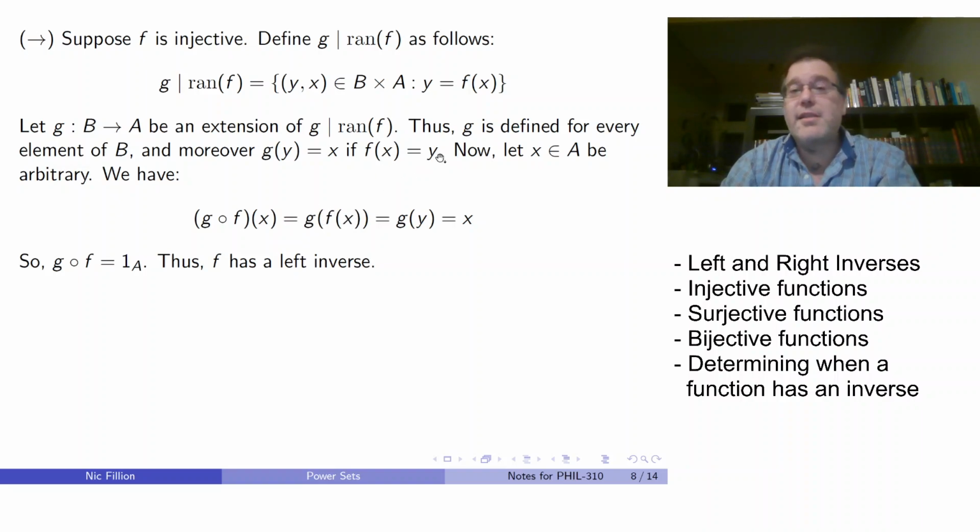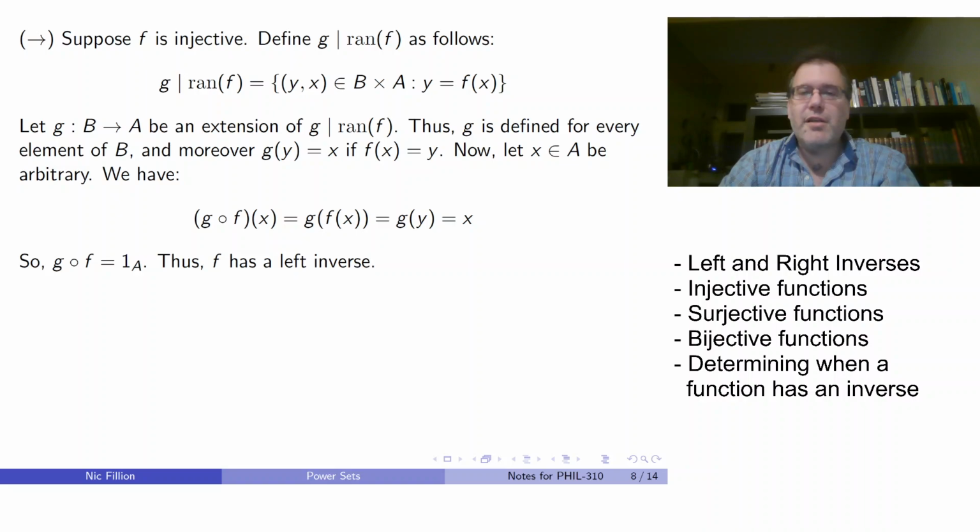Now f of x equals y, so g of y, which is just x. So that means that g after f is the same as the identity function on A, and that's what it means for g to be a left inverse of f. So f does have a left inverse, namely g.